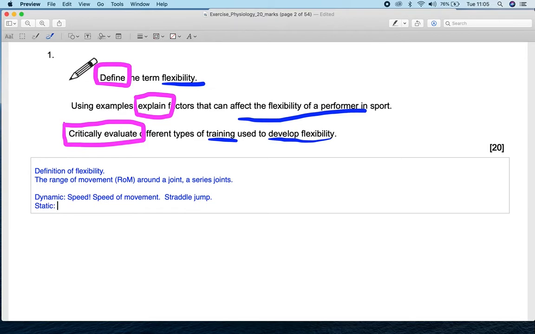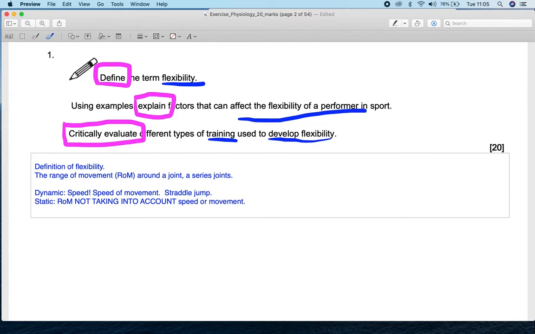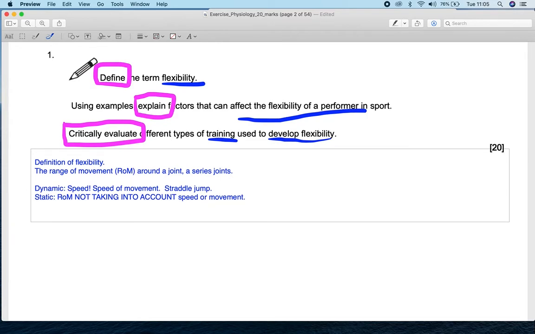But then if we think about static flexibility, we're talking about the range of movement around a joint, but not taking into account speed or movement. So we're not taking into account that speed of movement. In order for the static flexibility, there has to be some sort of external force applied.